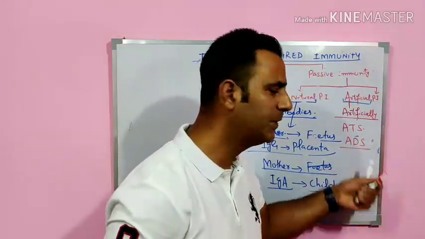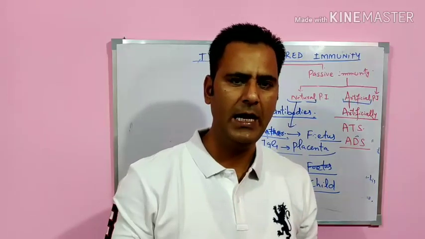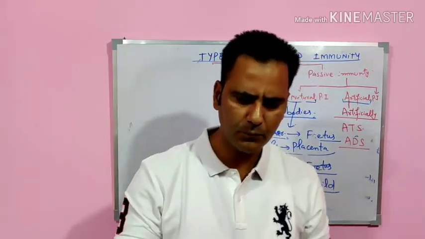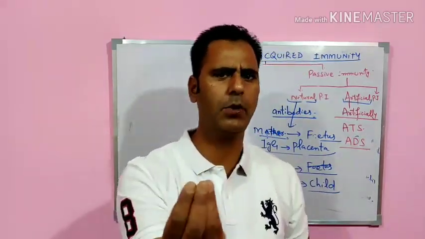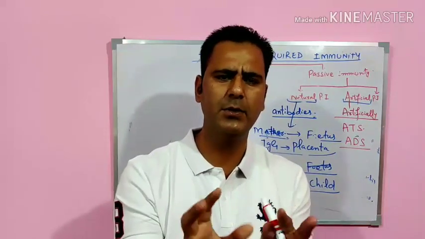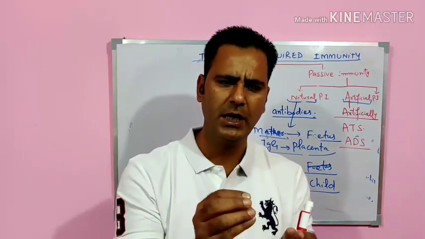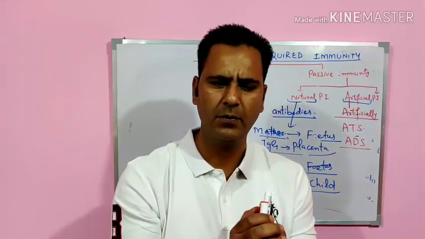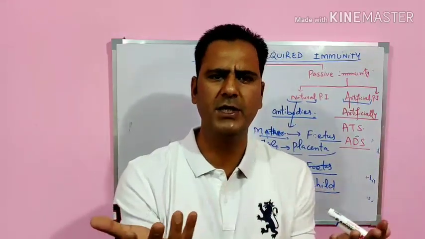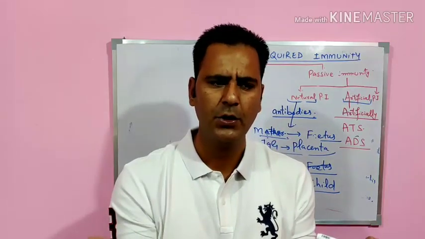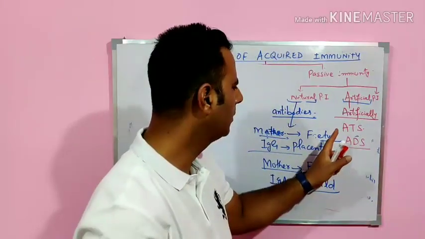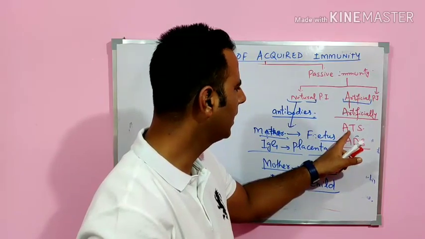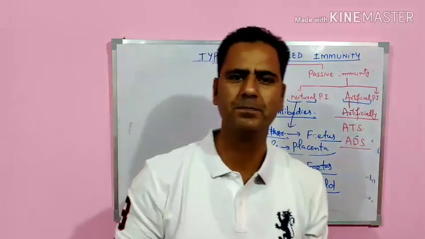ADS is anti-diphtheria serum. Anti-tetanus serum is a ready-made dose of antibodies, which are given to a person artificially as a preventive measure, to protect him from getting the infection of tetanus.